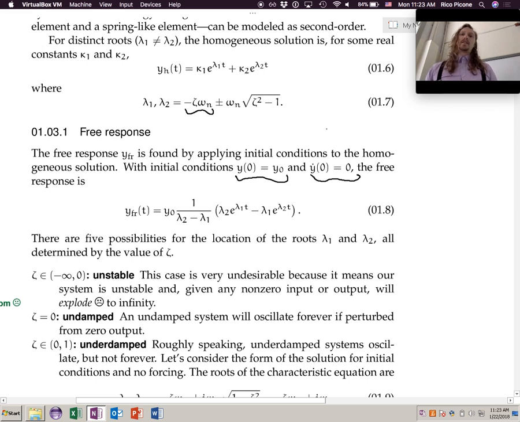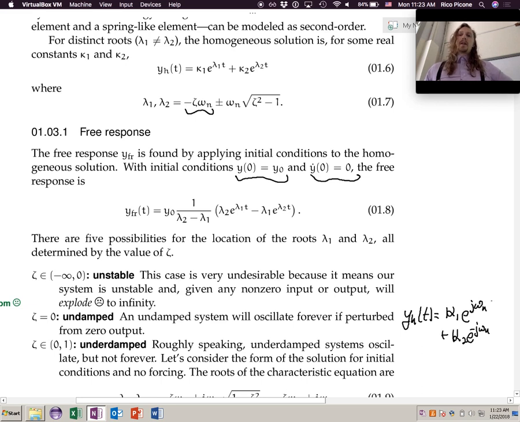So for zeta equals 0, we have y homogeneous of t equals kappa 1 e to the j omega n t, plus kappa 2 e to the minus j omega n t.